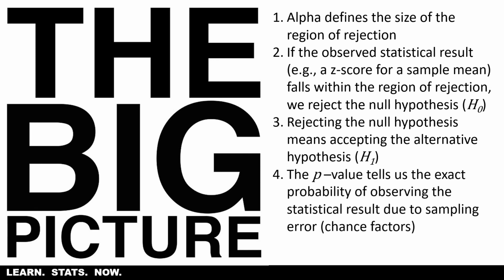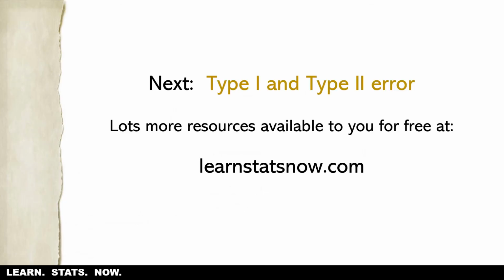And the p-value tells us the exact probability of observing the statistical result due to sampling error, in other words, chance factors. And again, always remember, the alpha level is something that we set, and that's different from the p-value, which we determine via our analysis. All right, next up, type 1 and type 2 error.